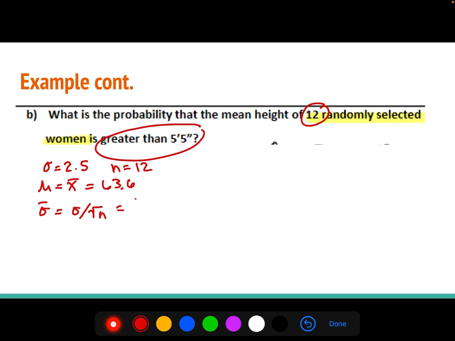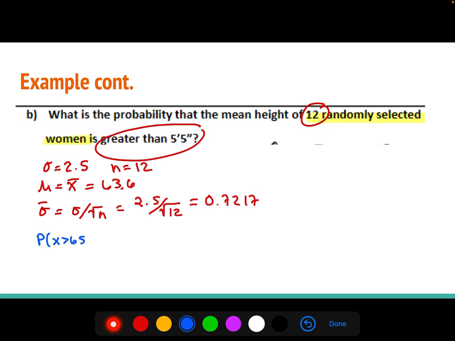So sigma bar is going to be sigma over the square root of n, which is 2.5 over the square root of 12 in this case, which is 0.7217. Now that's just using that formula we had a moment ago, the central limit theorem, approximating it as normal.